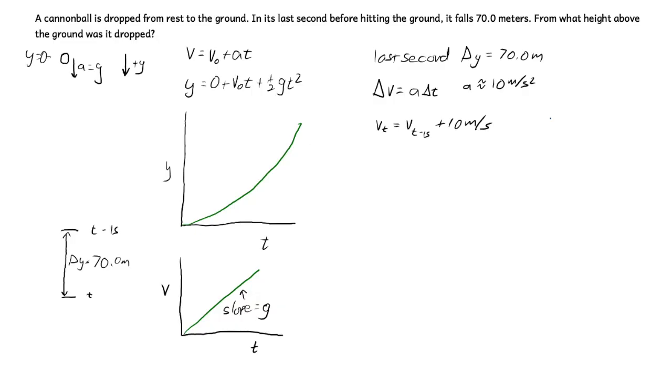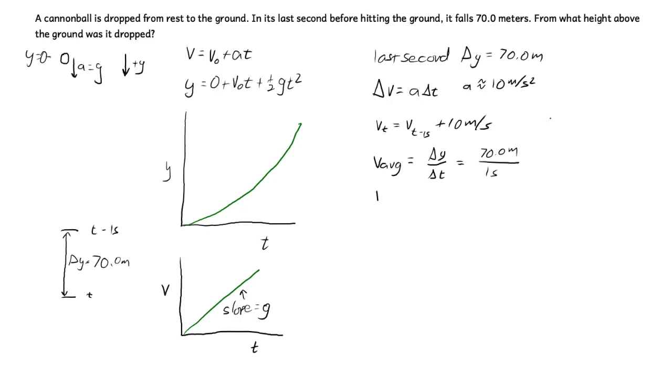And we also know the average velocity equals how far it's gone in how much time. Well, in that last second, it's going to be 70 meters divided by 1 second. Oh, so its average velocity is 70 meters per second. But it changed 10 meters per second over that time.